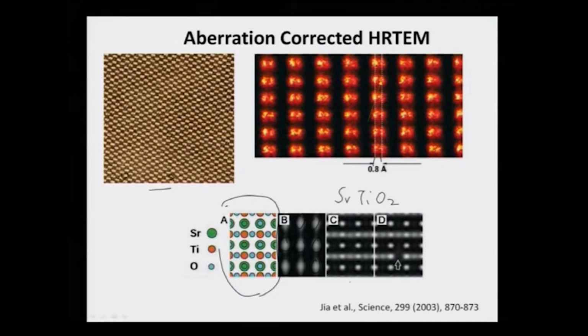One can see strontium, the big atoms, in white color, and titanium sitting like this, and one can even see the oxygen atoms there. Residual contrast coming from oxygen atoms can be seen, because this is aberration corrected microscopy in which a COS detector is used. We will discuss this in detail in a subsequent lecture. If one is very careful, one can even see the vacancies in the oxygen atom positions. So, this is the state of the art today of high resolution microscopy.